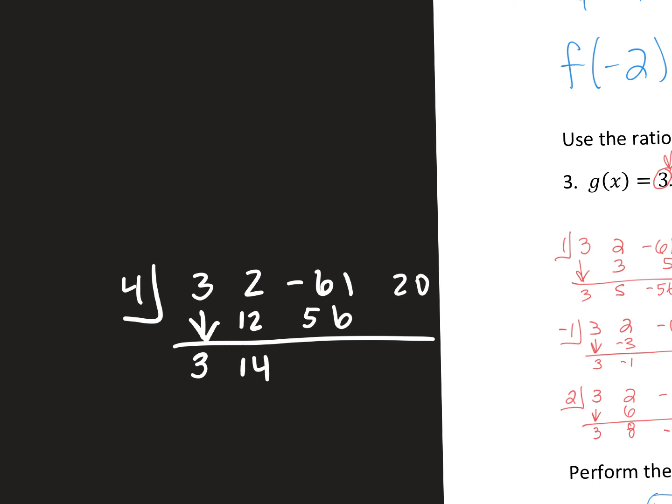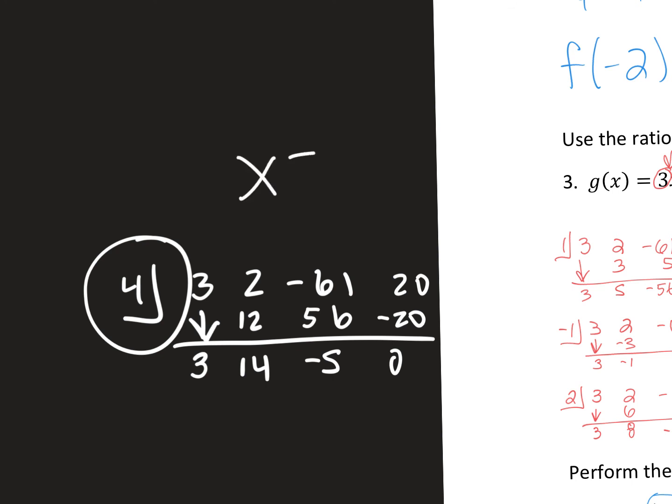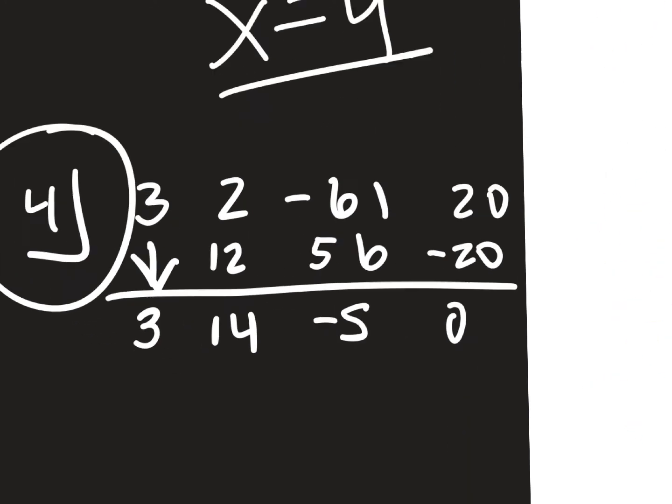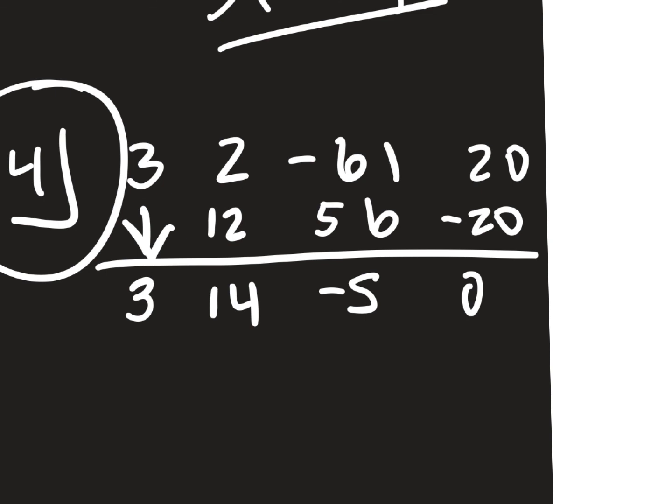Negative 61 and 56 is negative 5. Oh, we got a winner. Negative 5 times 4 is negative 20, so 0. So after all that, we prove that x equals 4. So that's one of our x's. x equals 4. So now my resulting polynomial is 3x squared plus 14x minus 5 equals 0.